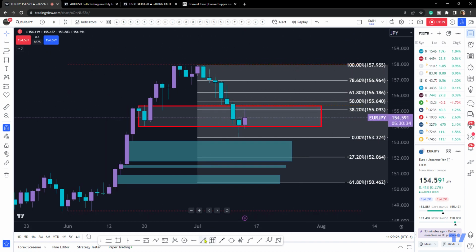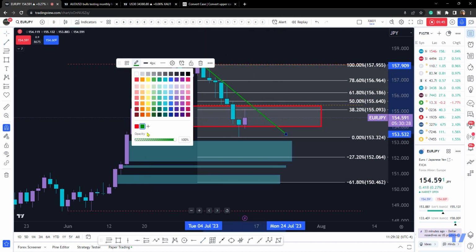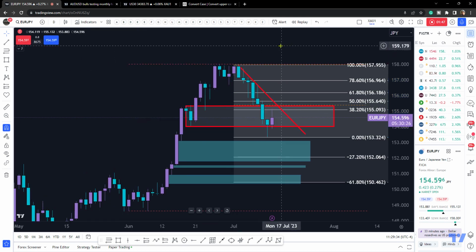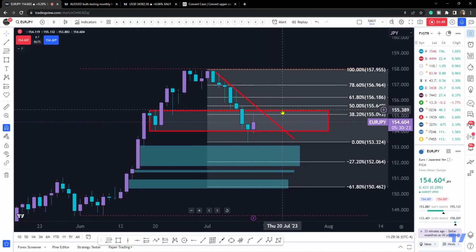The trend line resistance can be drawn there. Now, as we approach there, you're likely to get bears emerging and potentially some movement around this area, maybe to come down or maybe to build and move up.